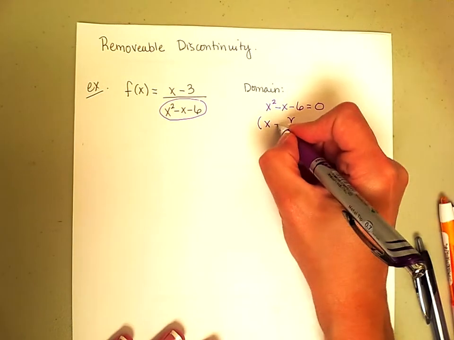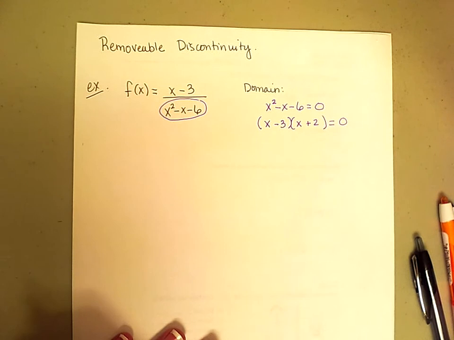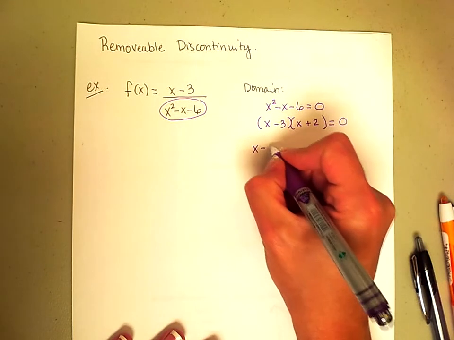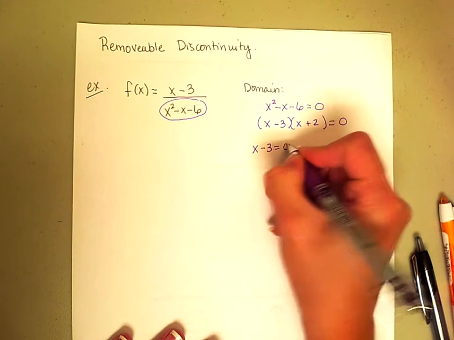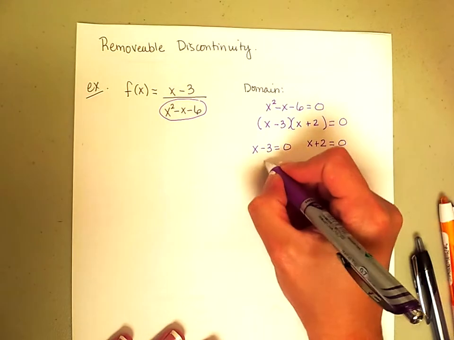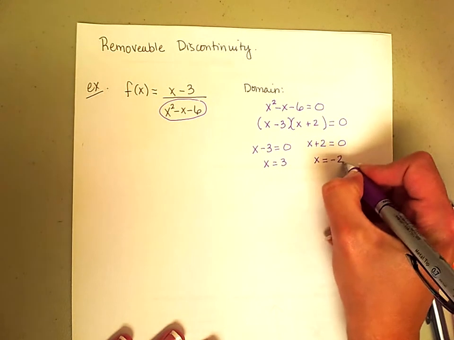So this is (x minus 3)(x plus 2). Then using the zero product property, when two things are multiplied together, either the first equals 0 or the second equals 0. So x is equal to 3, or x is equal to -2.